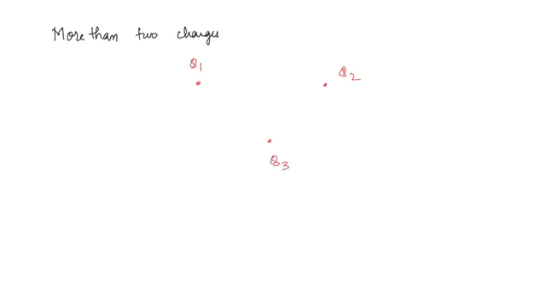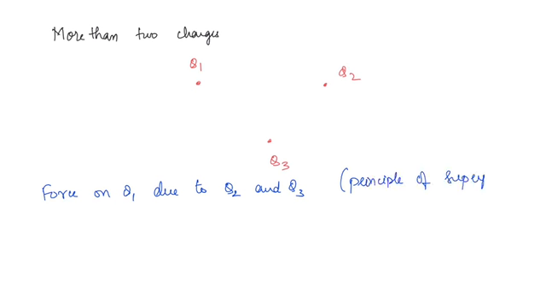Now let's say you want to find out the force on Q1 due to Q2 and Q3. How will you find out? This is simply by the principle of superposition. So what is this principle? When you are finding out the force due to Q2, you will assume that Q3 is not present.